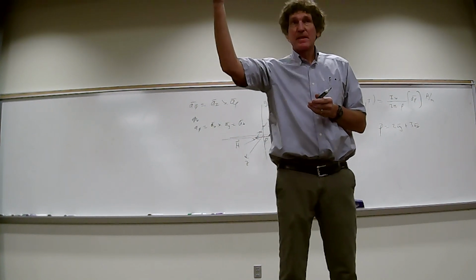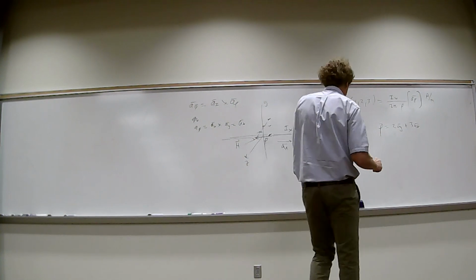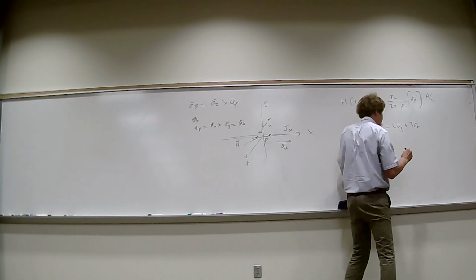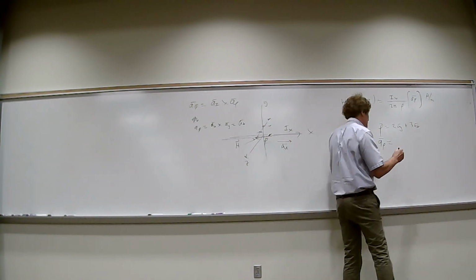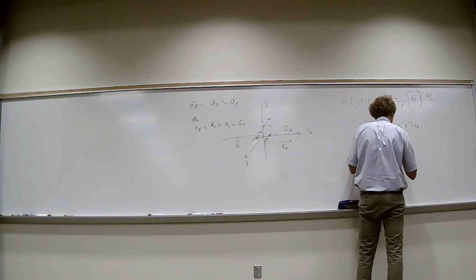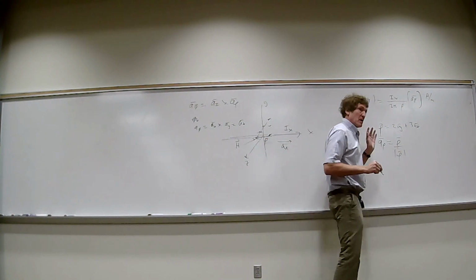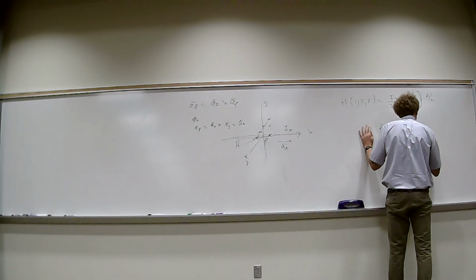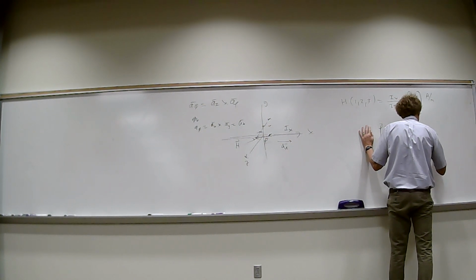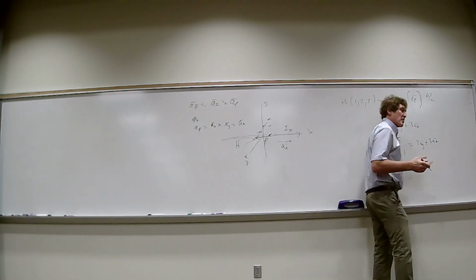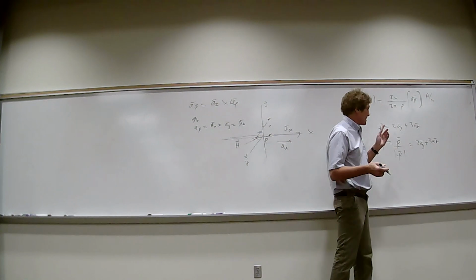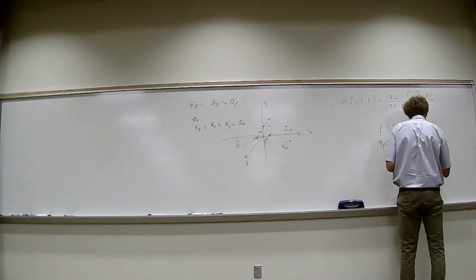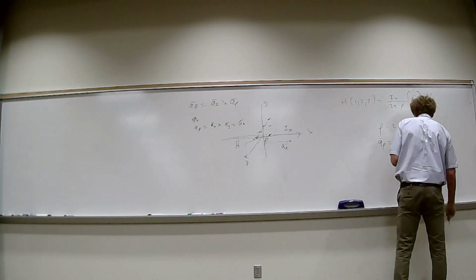With me? All right. Now for this one, what is a rho, class? Technically, it's the vector over the magnitude of rho, right? So you just repeat the vector 2ay plus 3az, and then you can square both components, take the square root. So you get 4 plus 9 is 13, square root of 13. Everybody with me on that?